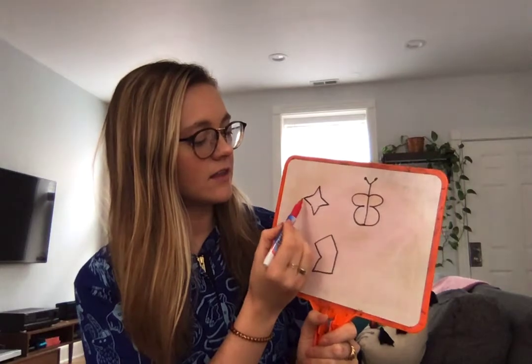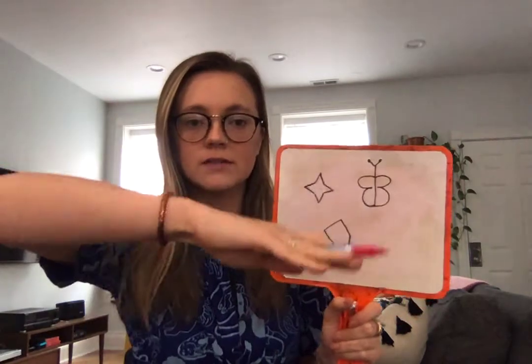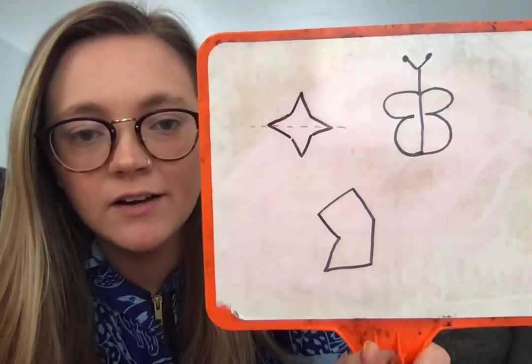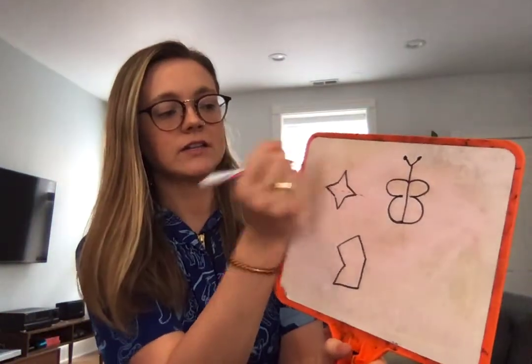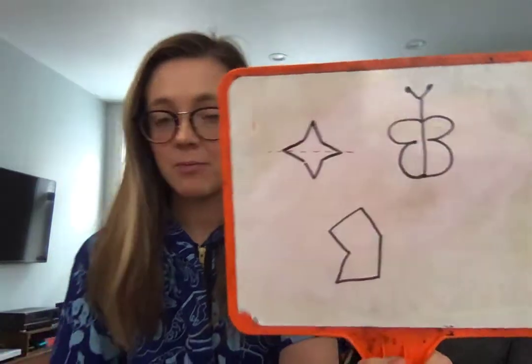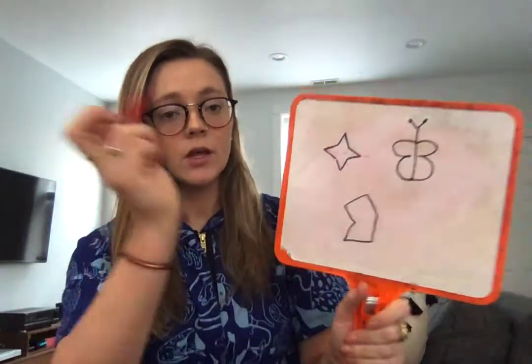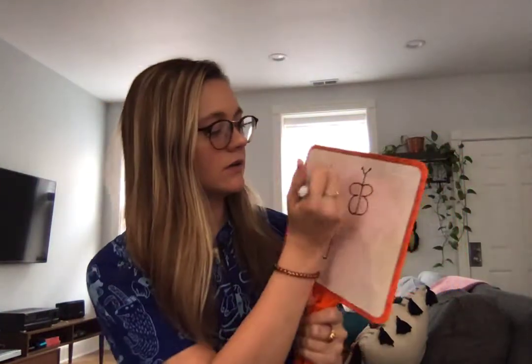If I do a horizontal line, would it match top to bottom if I folded it there? The answer is yes. So I'm going to draw one little dash there. And if it helps, you can draw these shapes on paper, cut them out, and fold them. Now I've done horizontal, I'm going to do vertical.